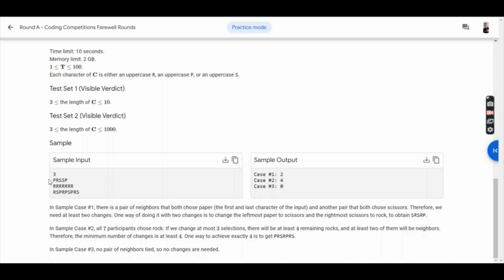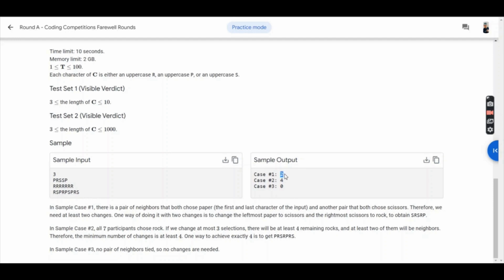If you break down the problem, you just need to find the minimum number of changes so that all the alternate characters in the sequence are different. In this example, if you change this S and this P to R and S, you can see that there will be no ties, and the minimum number of changes you will need is 2.